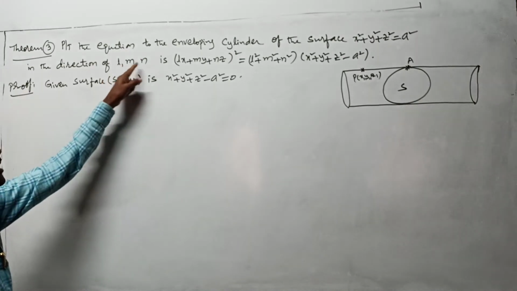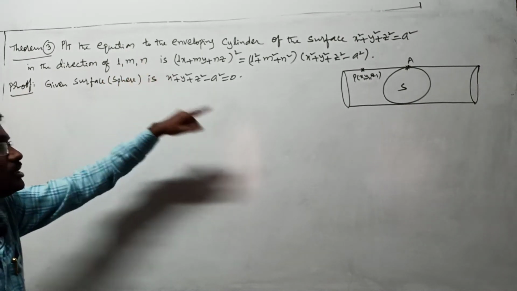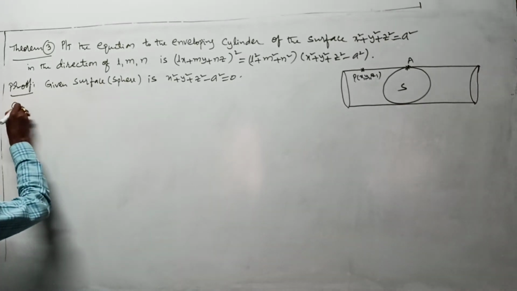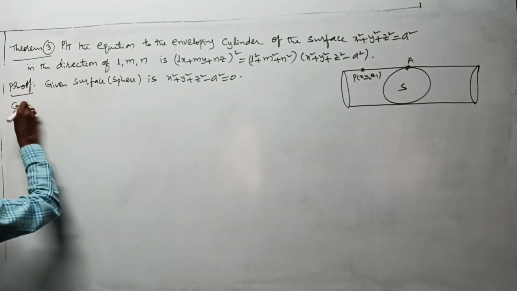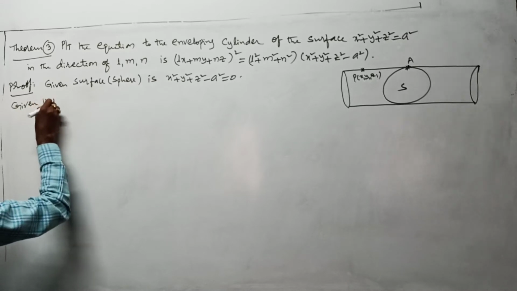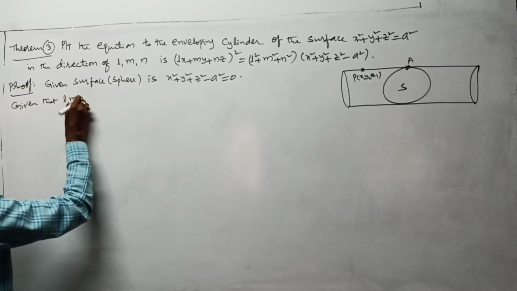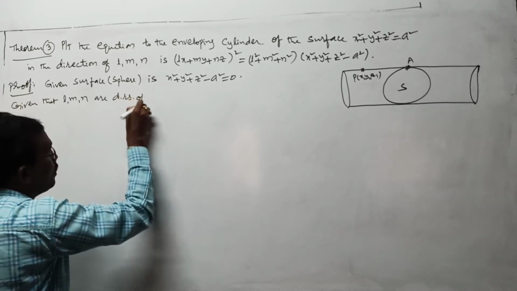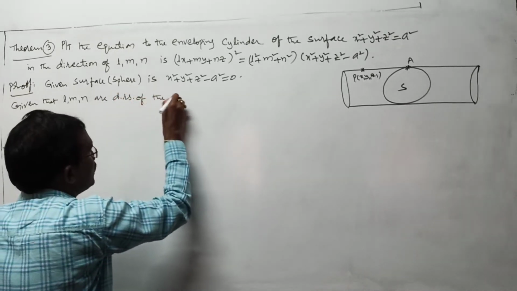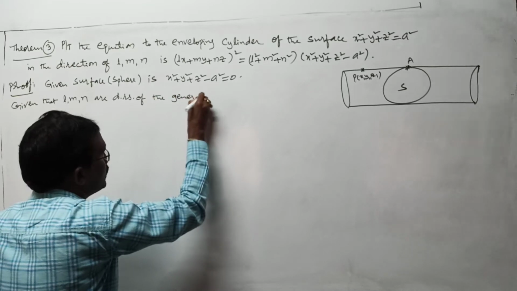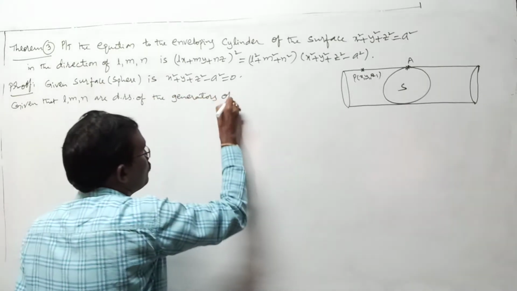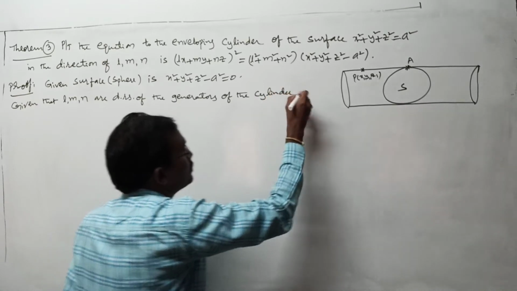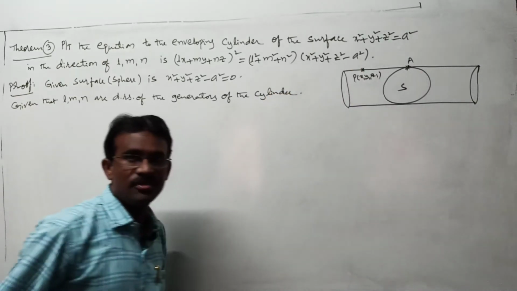Internally they gave L comma M comma N. What are they? Direction ratios of the generator of the cylinder. Given that in the direction means those are direction ratios, remember. L comma M comma N are direction ratios of the generators of the cylinder, means this line's direction ratios are given.